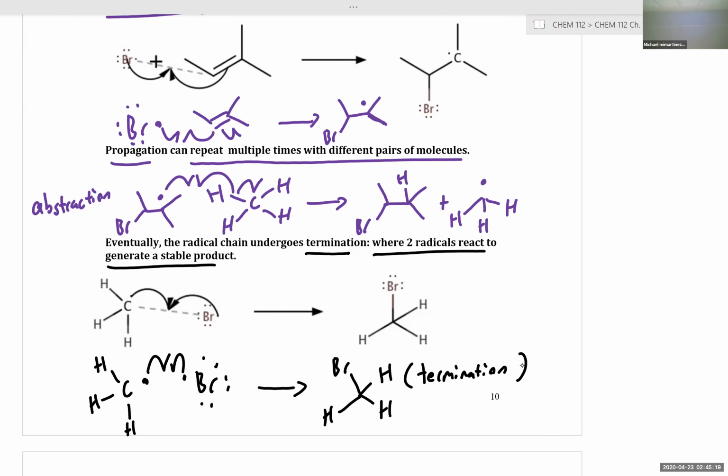But this molecule can just as easily react with another radical and reinitiate a new chain. But typically you don't often see repeated reinitiation for bromination in particular. Usually you observe a fair amount of selectivity for monobromination, and we'll talk about why that is actually.